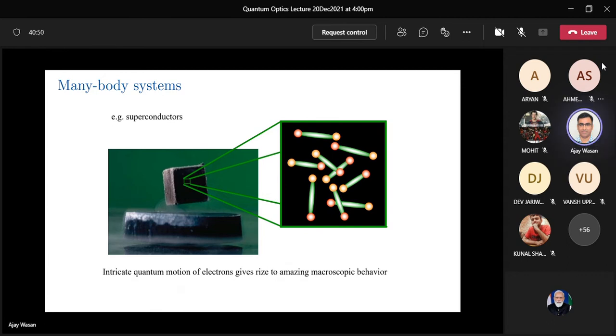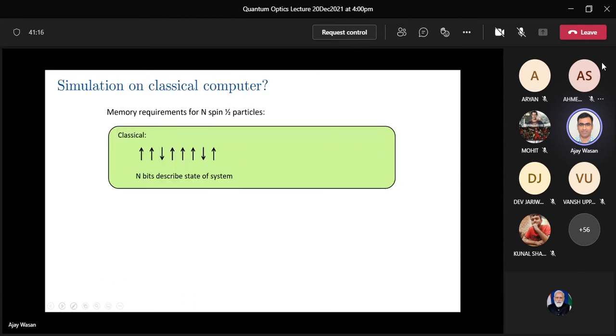To understand it, we can take some pure gas, say rubidium or cesium, and make pairing there. People have already made pairs between two atoms and studied them. Basically, artificial matter has been made in the laboratory, and then you study it. It's already going on around the world. If you want to know, I can let you know. Then simulation of classical computers.